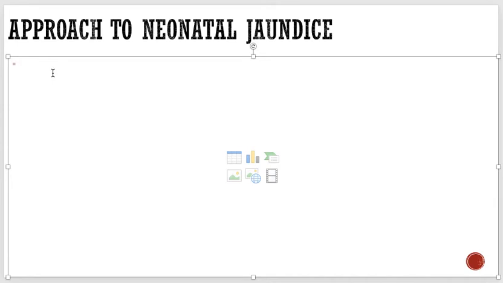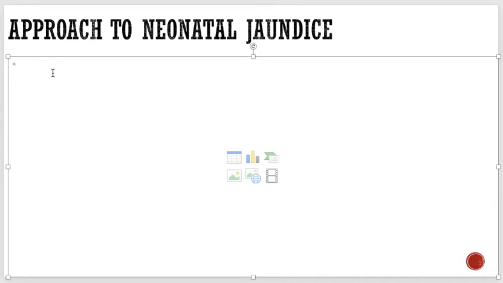The most important jaundice which we have to study is called physiological jaundice, which occurs in 60% of term babies. It never appears on the first day of life. So whenever jaundice appears in the first 24 hours of life, guys, remember it is never physiological jaundice.